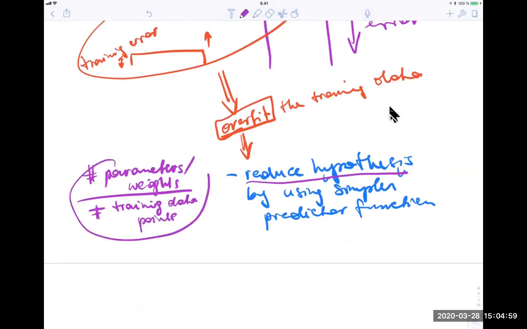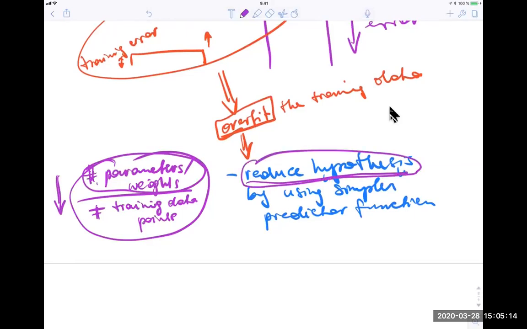This ratio is important, and here we can reduce it. What we want is to bring down this ratio. We can reduce it either by reducing the numerator, using predictor functions with fewer parameters, which means reducing the hypothesis space, or we can try to increase the denominator, using more training data.